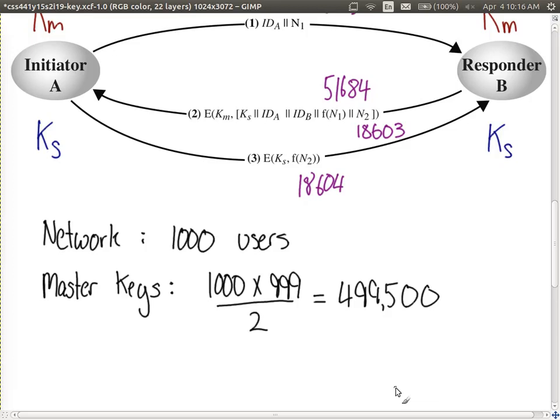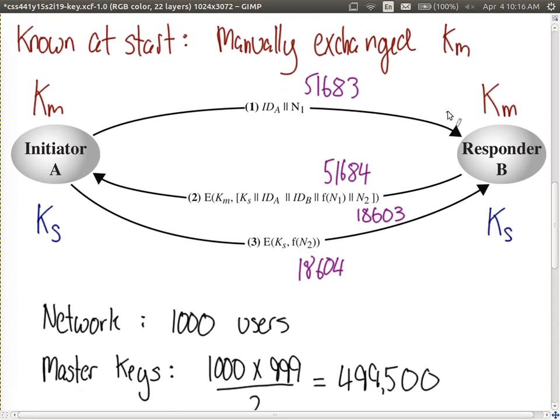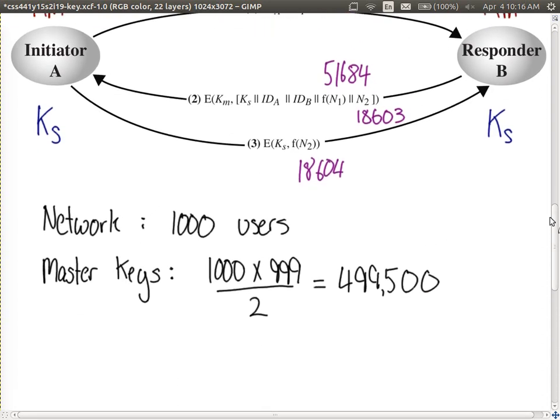That's a lot of master keys that need to be set up at the start. And these master keys are exchanged manually for this system to work. Okay, so that was the assumption at the start. Before we did any automatic exchange, we manually exchanged KM. How many session keys are needed at any one time?